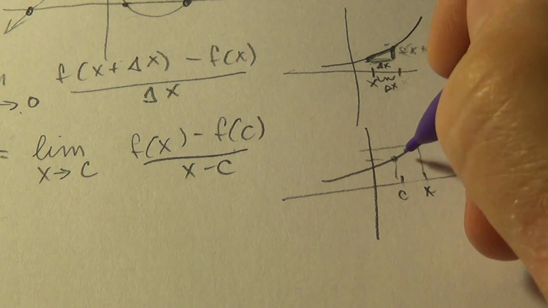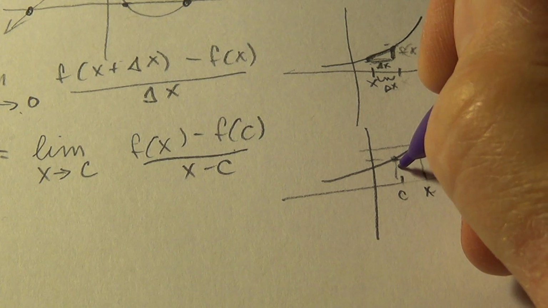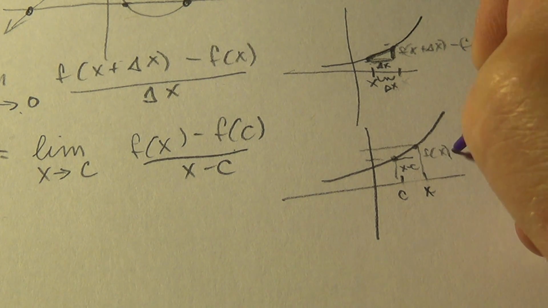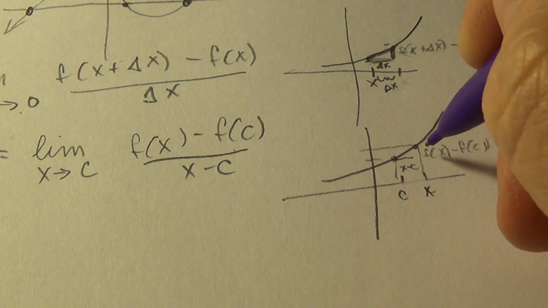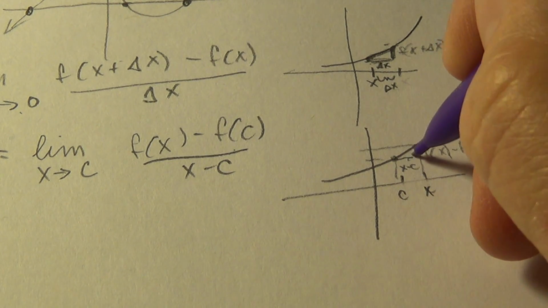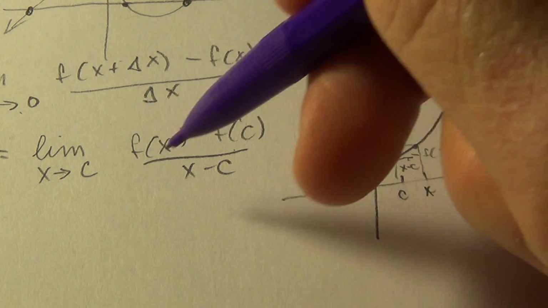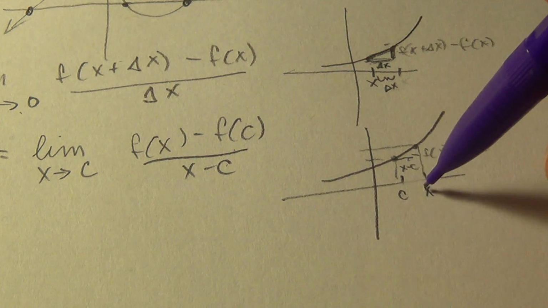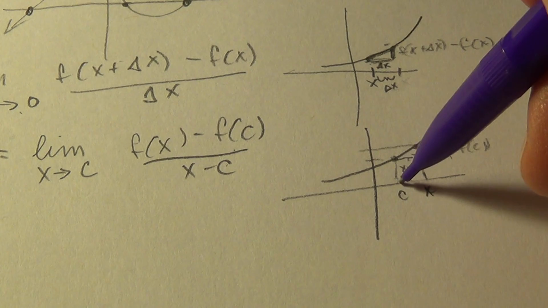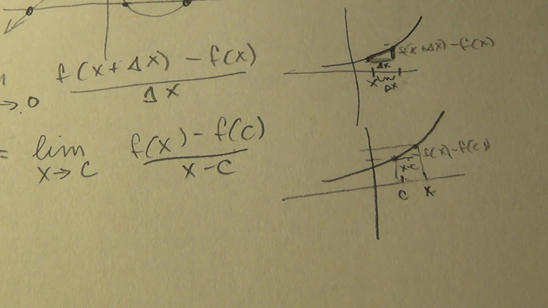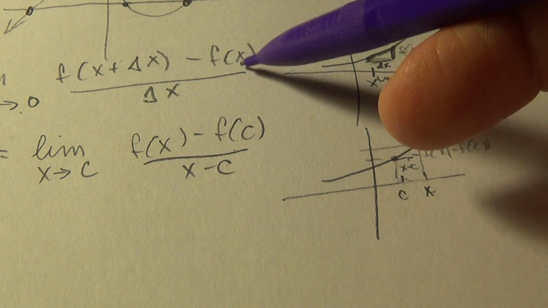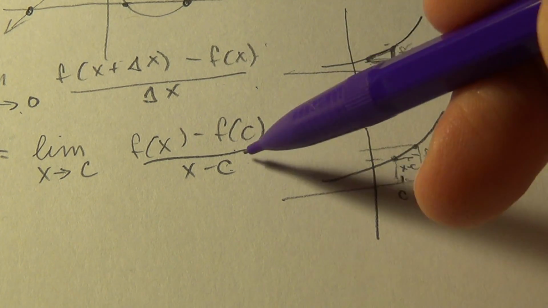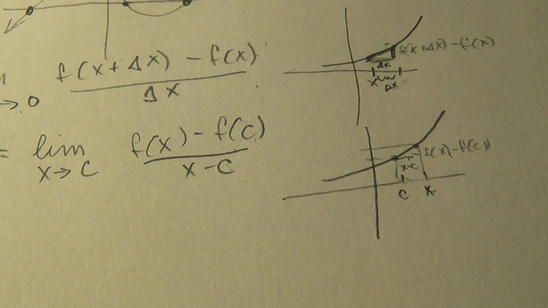All right, f of x, f of c, this is x minus c, and this is f of x minus f of c. So again, we have rise over run. Here we have the slope, and as the limit as x approaches c, then this distance becomes minuscule and becomes a tangent line. So this is the same information. This is rise over run, this is rise over run, they are slopes.